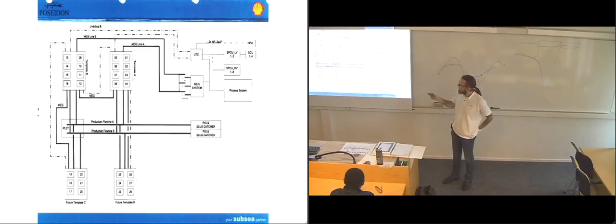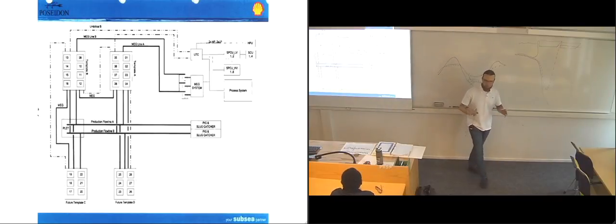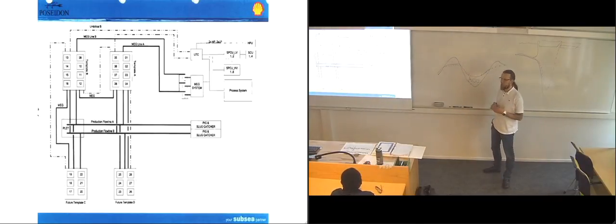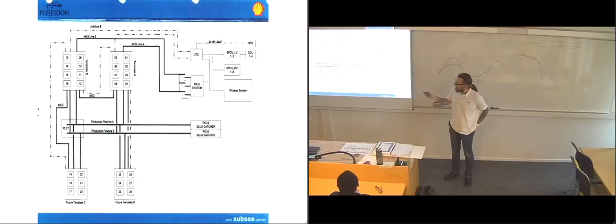And here you have pig and slug catchers, as they're called. They're the ones that will receive pigs when they're sending pigs through the system. So they will end up here, and if I remember correctly, they will send it down.